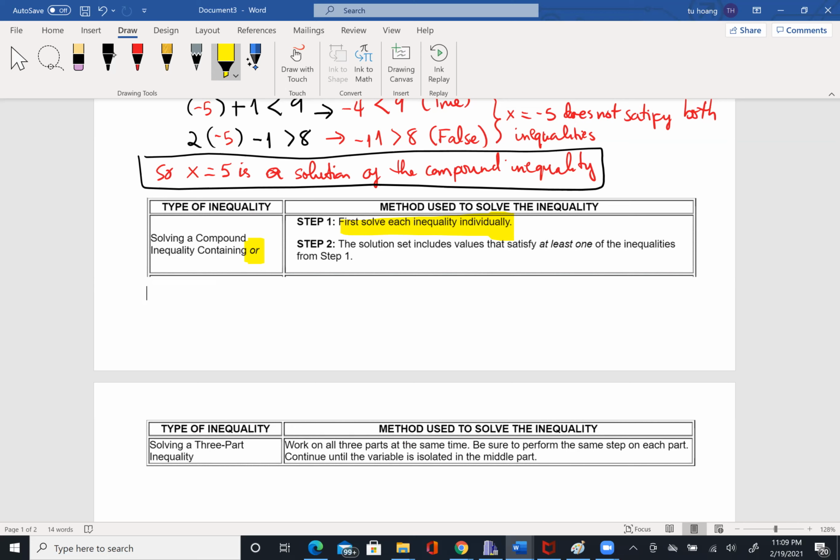And the second step is the solution set includes values that satisfy at least one of the inequalities from step 1. So if you have a solution that satisfies one of them, that's going to be the solution. If it satisfies both, that's also a solution. That's why I say at least one. It could be both or just one.